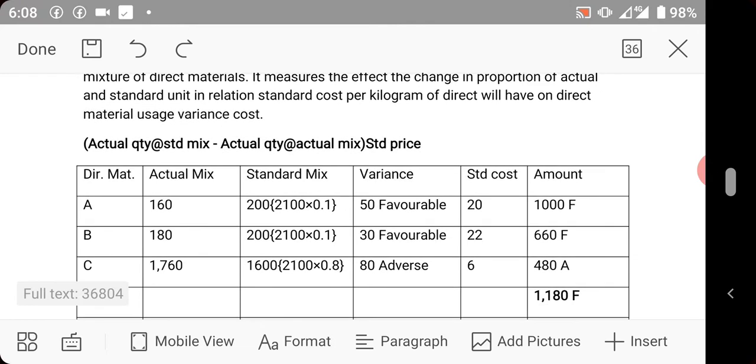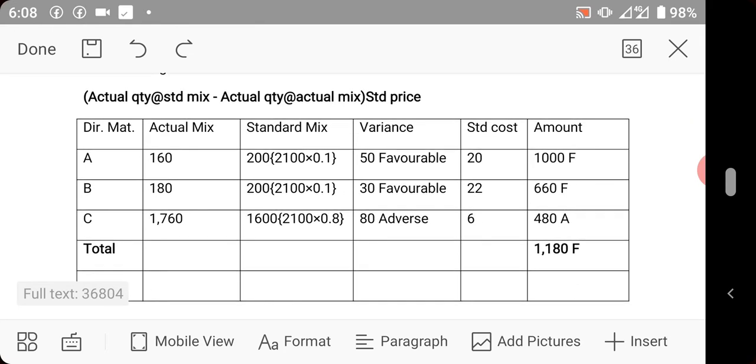So to calculate our mix variance, the formula is actual quantity at standard mix minus actual quantity at actual mix times standard price. So you do it individually for the products.